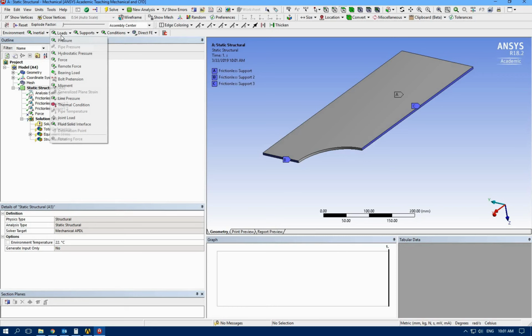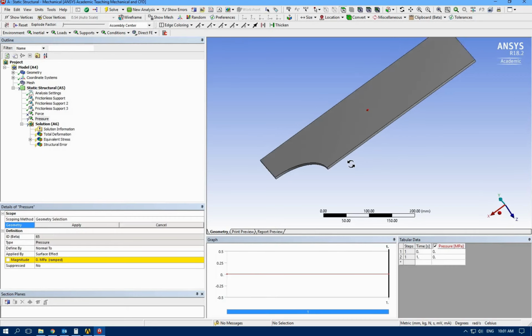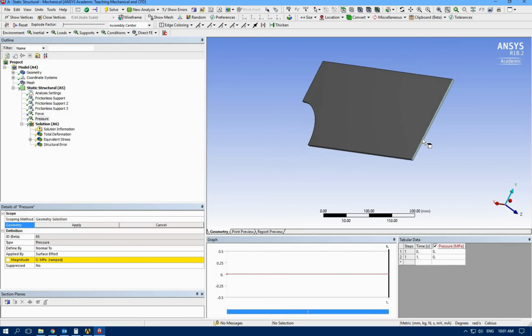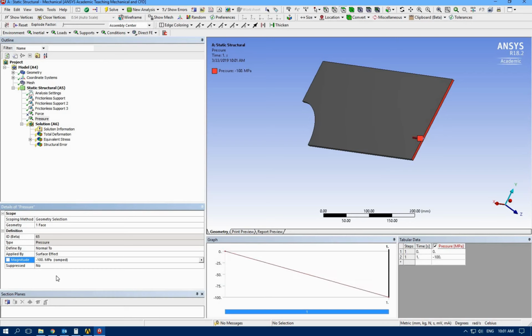Let me add pressure, and pressure should be applied to this surface. Apply the surface, and we said it is going to be 100 megapascal. Let's make it positive.